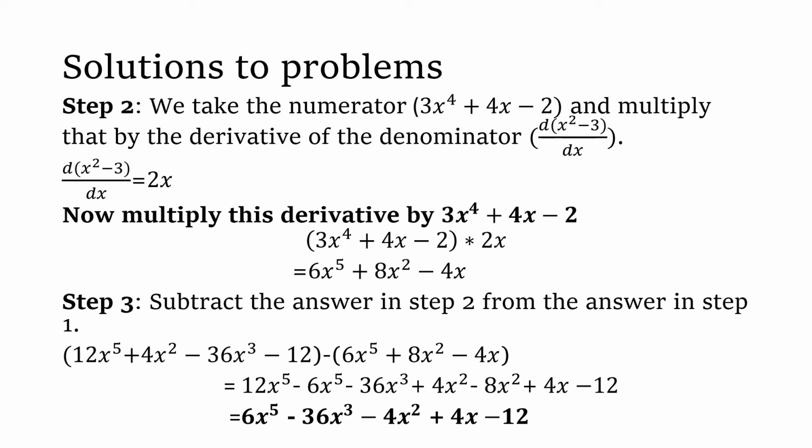Now, what is the derivative of the denominator? Now we're going to find whatever is the denominator. This time it is x square minus 3, and then the x, right?